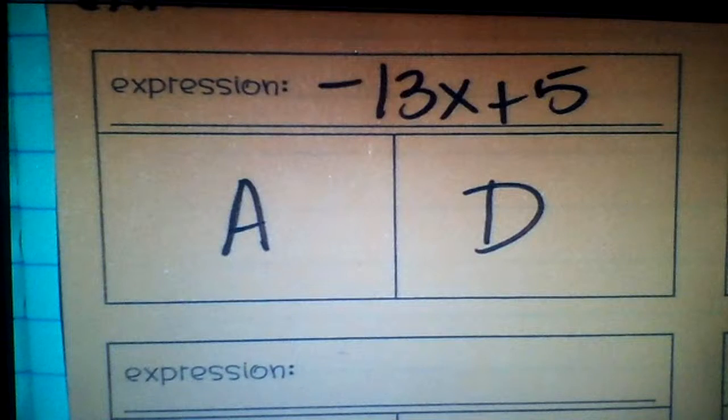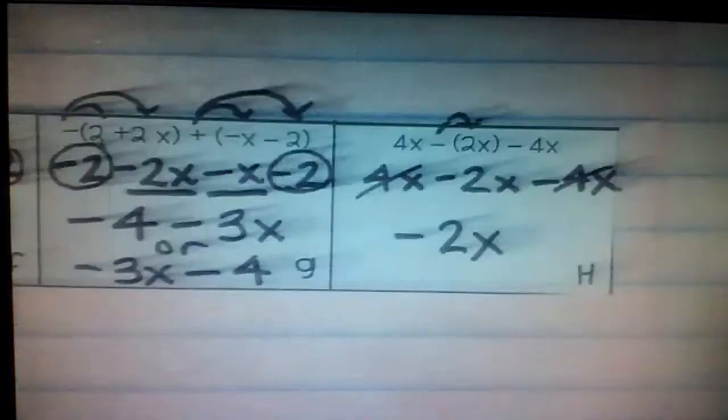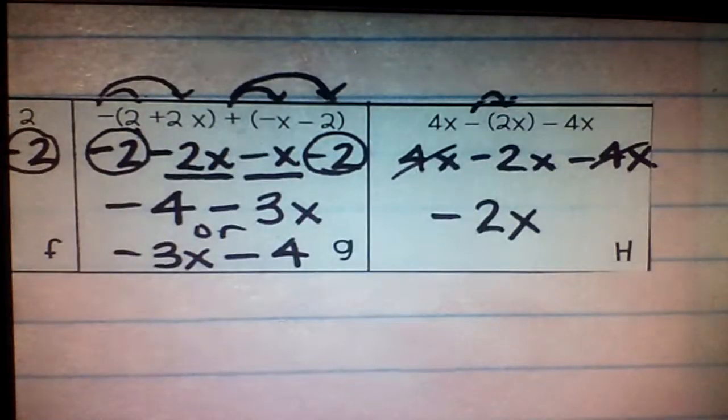So match your two letters up, put the answer up. I'm gonna put G and H back up here just in case anybody wasn't finished. So the letter that matches the letter, and then put the answer up where it says expression. And then B goes with F and the answer that you got.